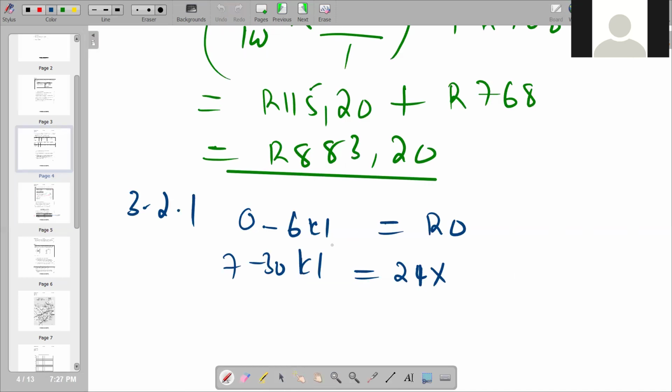So we multiply 24 by 6 rand 48 and see what you get. You're going to get 155 rands 52 cents. Then we go to the next part.